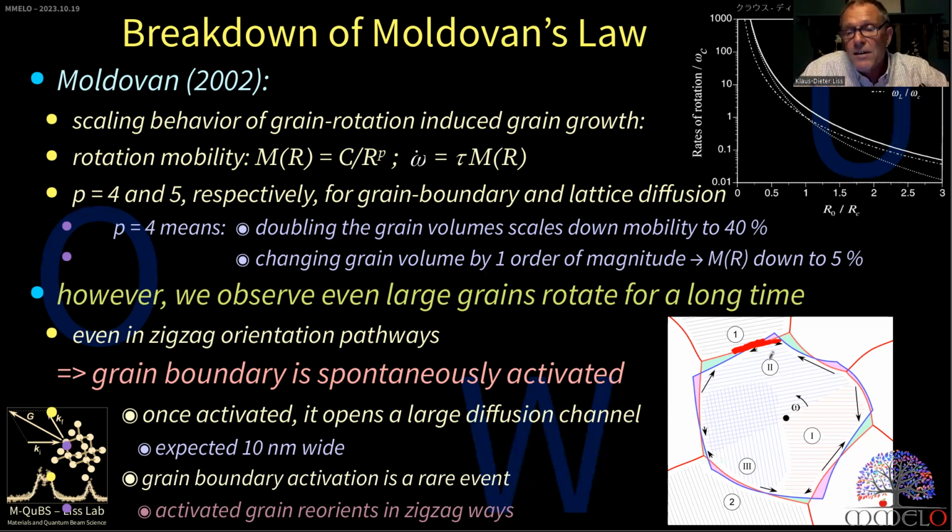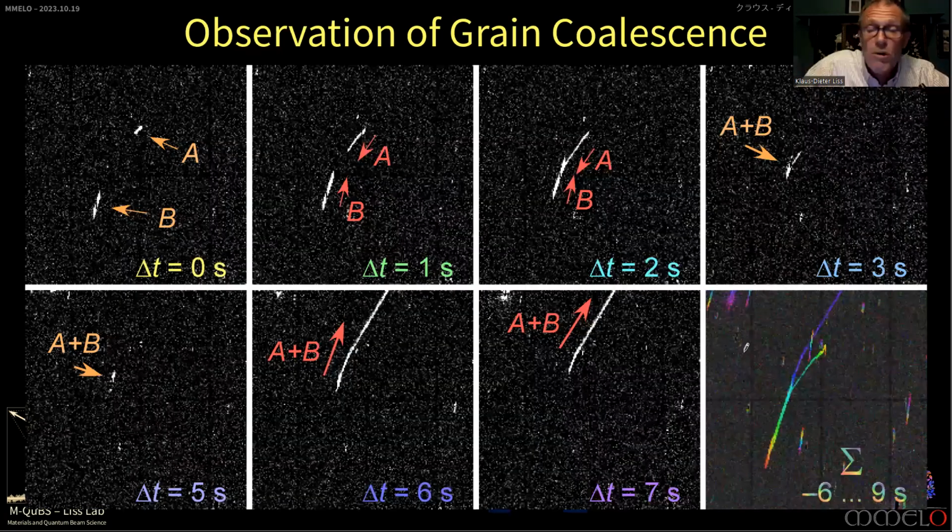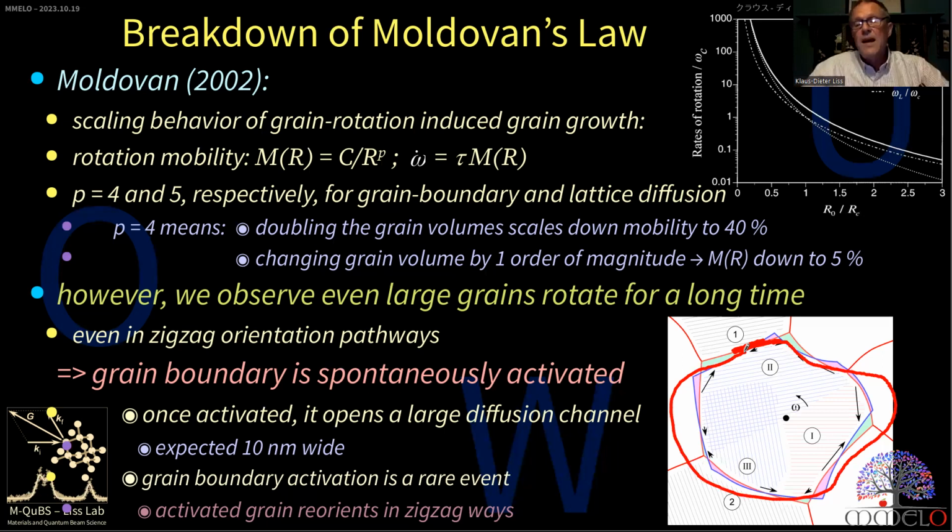But the torque, or this diffusion activated area, can now expand to all of the grain boundaries around the one grain, so to all the boundaries to the neighbors of the one grain. And then the grain can rotate. Boundaries are activated and can rotate.